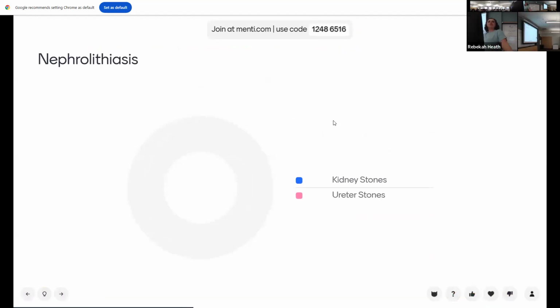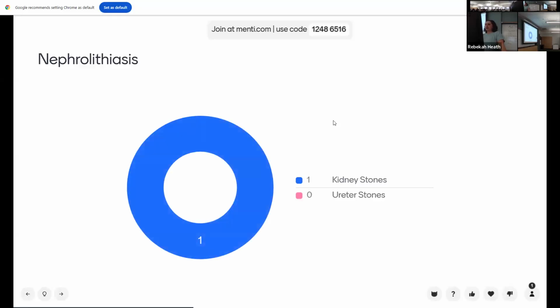So if I say nephrolithiasis, go ahead and vote. Are we talking about kidney stones or ureter stones? All right.